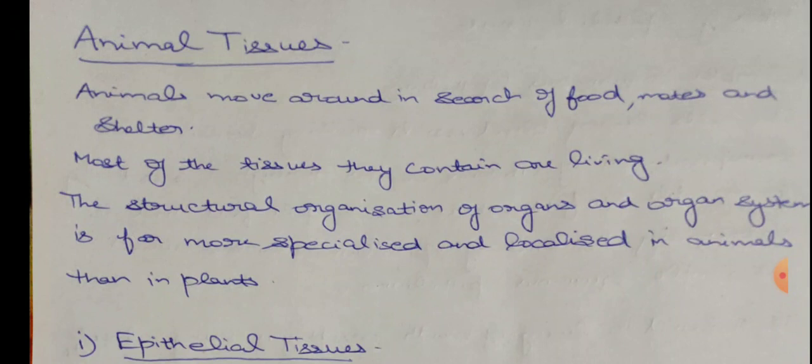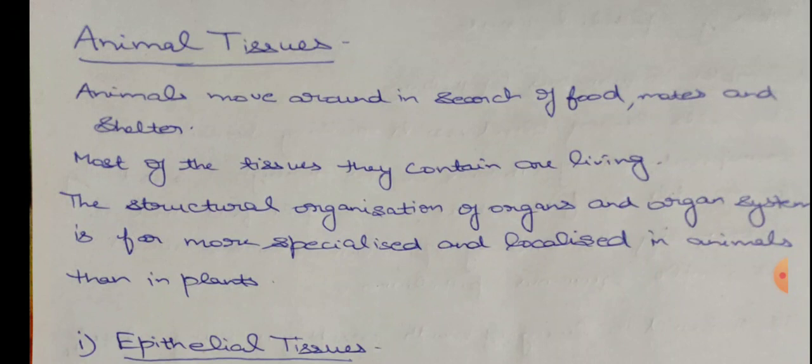Animal tissues. Animals move around in search of food, mates and shelter. Most of the tissues they contain are living, very important. When we were studying plants, we said that most of the tissues or cells were dead, because they needed them for support, as plants do not move.